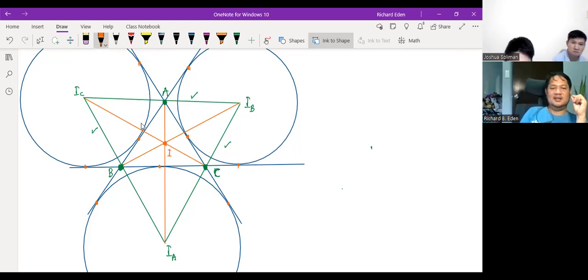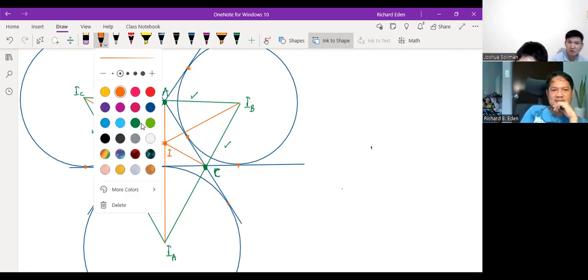But if you look at the green triangle, what is each of the orange segments?